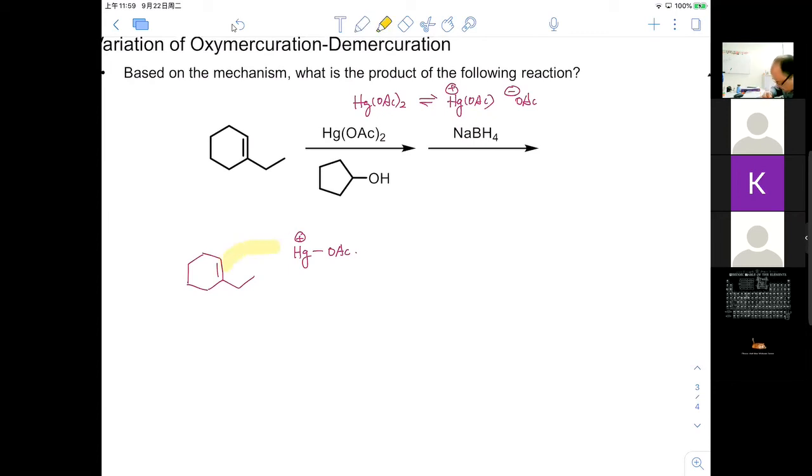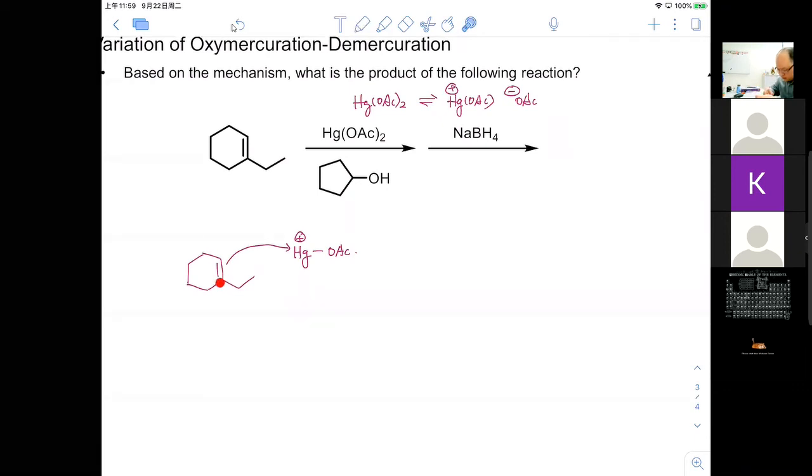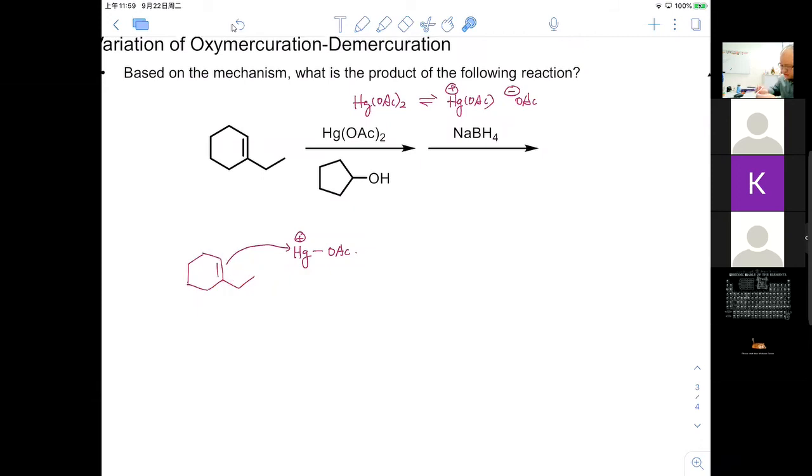The alkene can attack the mercury. And remember, the mercury will share some of its positive charge with this carbon, okay? Because this carbon is more substituted, but it's not like a strong formation, just a little bit of sharing, all right? And also, let's assume the mercury is attacked from the bottom side, okay? So the mercury shares a little electrons here.